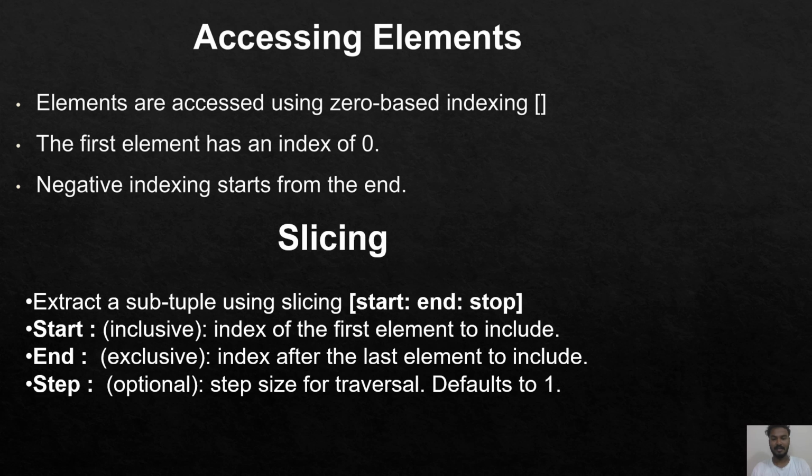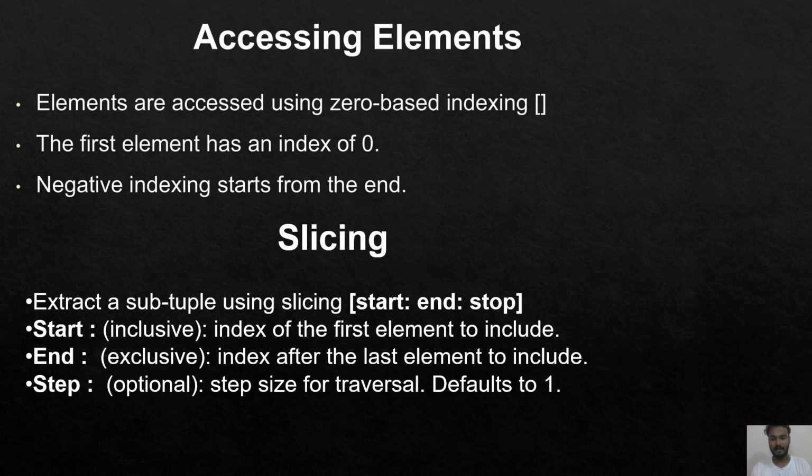Slicing. Slicing allows you to extract a subtuple from the original tuple. You specify colon-separated start, stop, and step values within square brackets. The start index defines the first element to include.